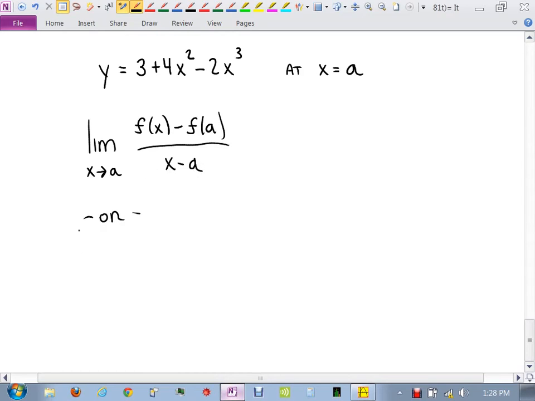Or you could use limit h goes to 0, f of a plus h minus f of a all over h. Yeah, the first one looks pretty bad. The second one even looks bad. No, I mean it can be done. It's the algebra that would be challenging, right?